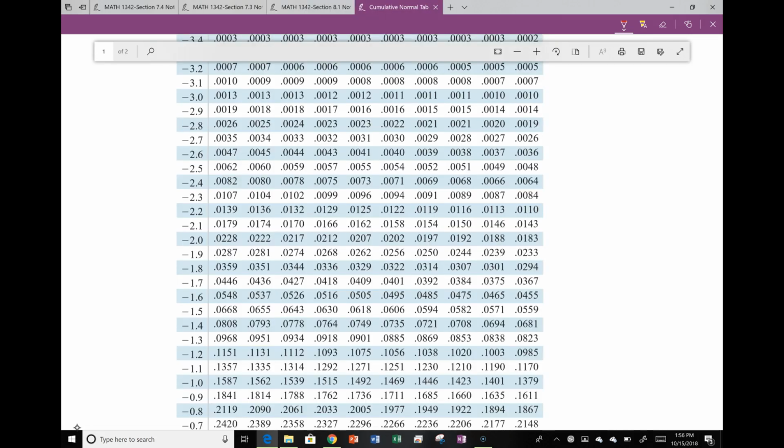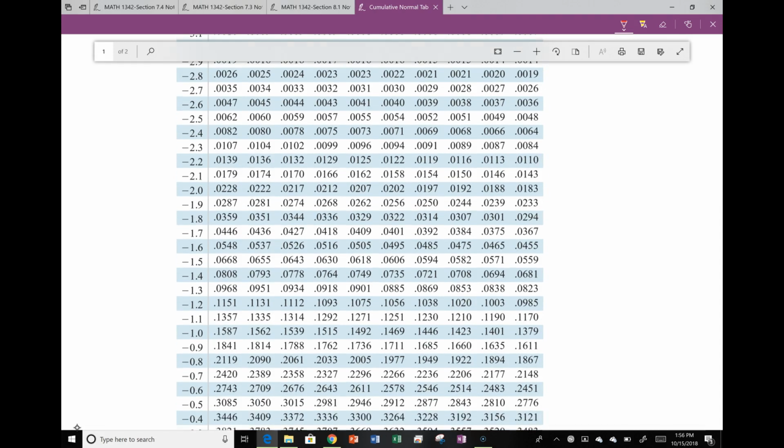So I'm looking it up here. So 0.07 is going to be somewhere around here. Oh, I don't have exactly 0.0750. I have 0.0749 and 0.0735. I don't have a 5.